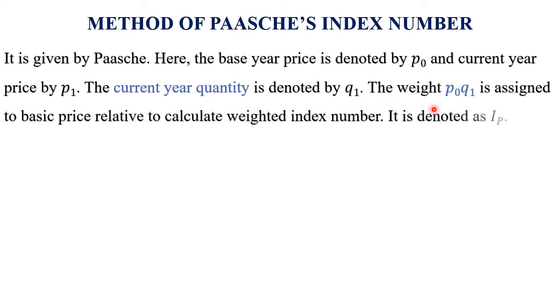So the W, the weight assigned in Paasche's index number is P0 Q1 to the basic price relative, and it is denoted as IP, that is the index number of Paasche. So IP is summation P1 Q1 divided by P0 Q1 multiplied by 100. See the change. In the previous index number we had Q0 here, and in the current index number we have Q1 here.